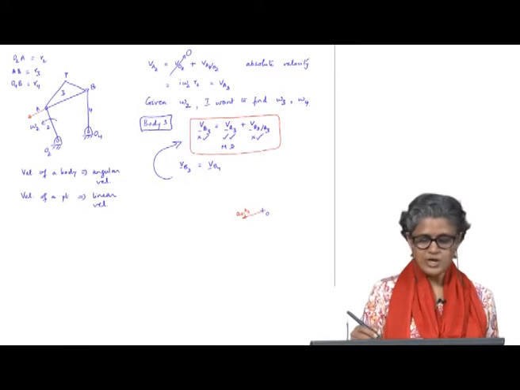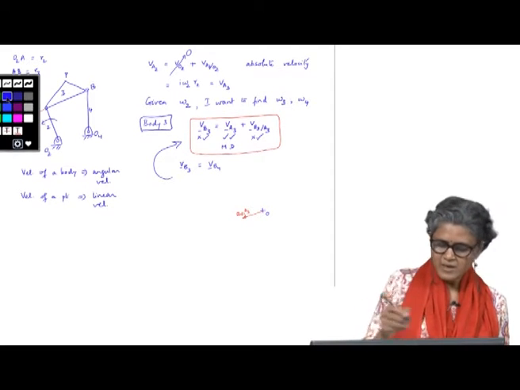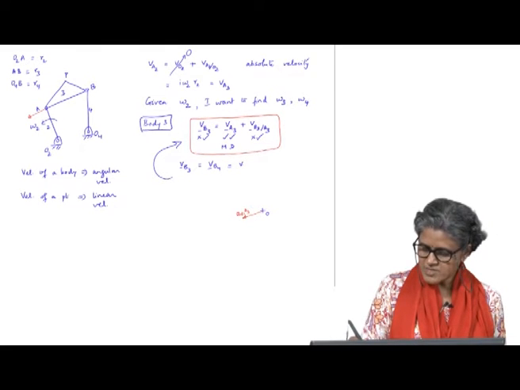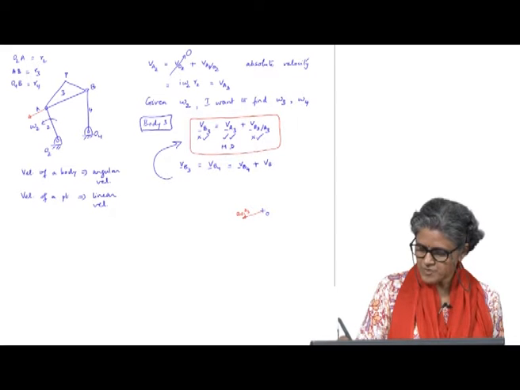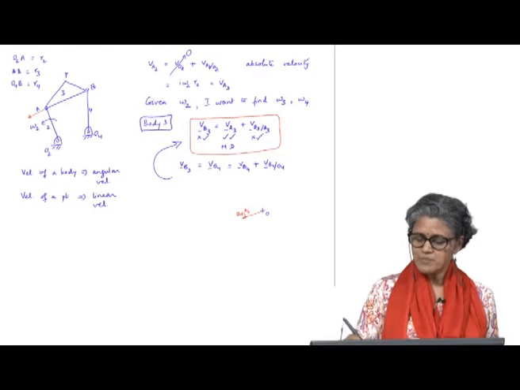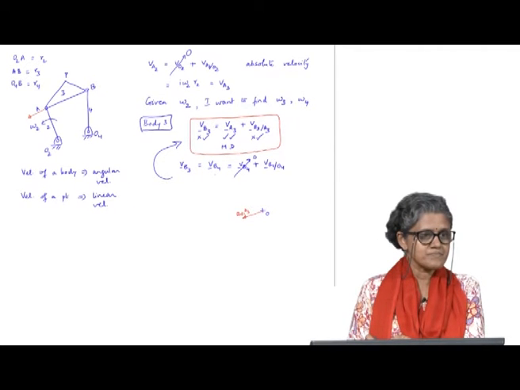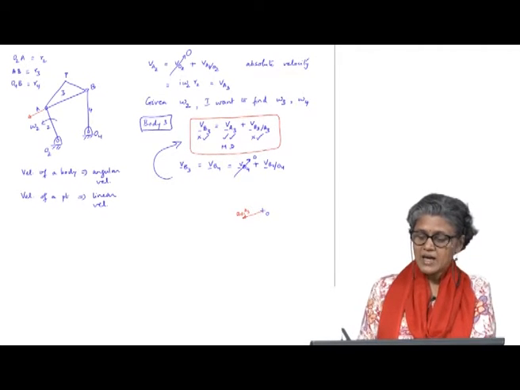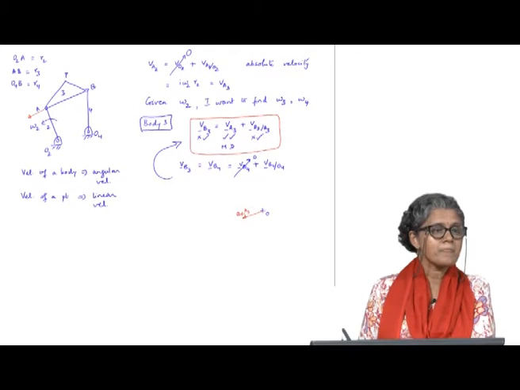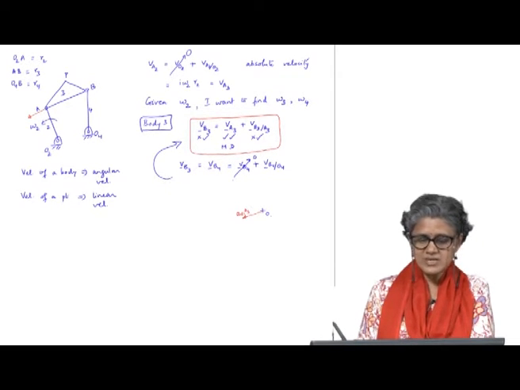Now, velocity of B on body 3, which is equal to the velocity of B on body 4, which is equal to velocity of O4 plus velocity of B4 relative to O4. Because this is 0, again the relative velocity is the absolute velocity, which means I draw this from the point O, because it is with reference to O4, which also has velocity 0.